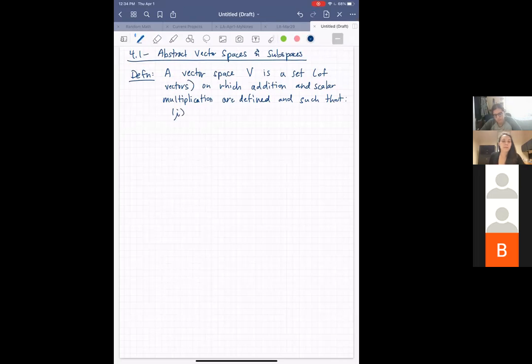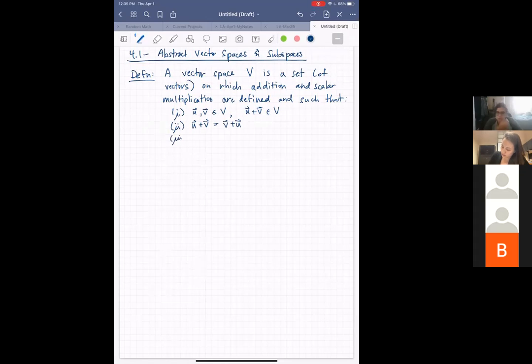Let's label them. Starting off, if we have two vectors u and v that are in our set V, then when we do the addition u plus v, however that might be defined, that result is in V as well. Okay. We also have that it doesn't matter which order we sum the vectors in, so u plus v is equal to v plus u, right?